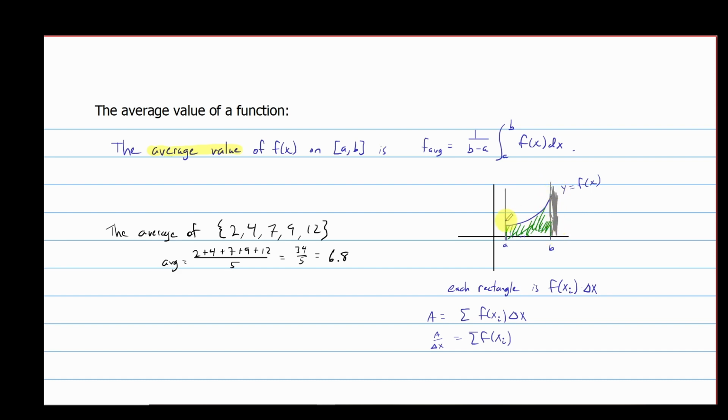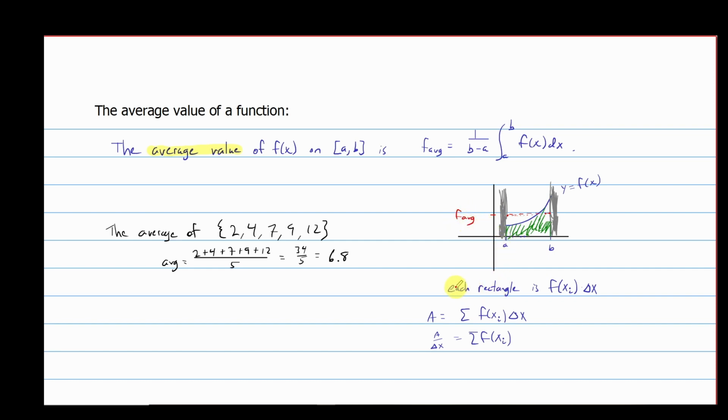Now imagine that that area is made of ice or something like that, and I let it melt so that the top part melts and flows down into the bottom part. When it turns into water, it will level out to some height. And that height is the average value.